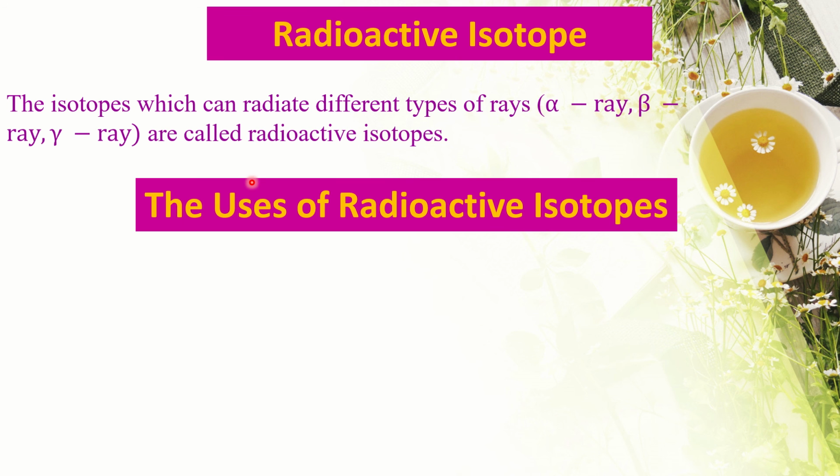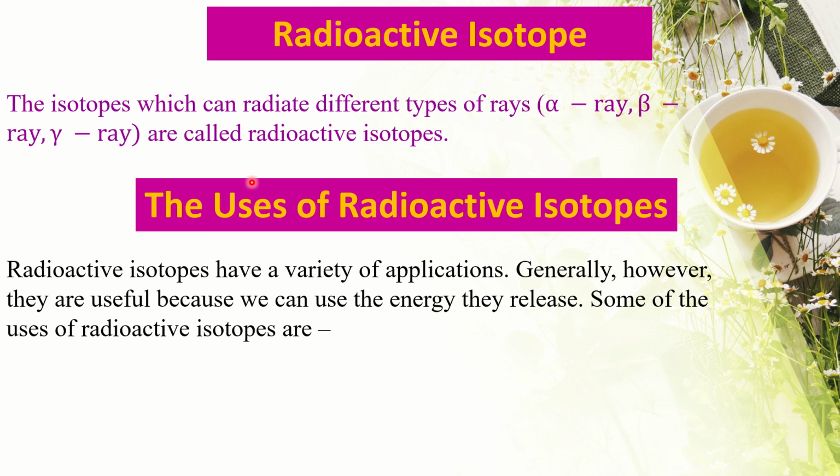These radioactive isotopes are used in different fields. Radioactive isotopes have a variety of applications. Generally, they are useful because we can use the energy they release, because they radiate energy, different types of ray, and by using this energy, these radioactive isotopes can be used in different fields.